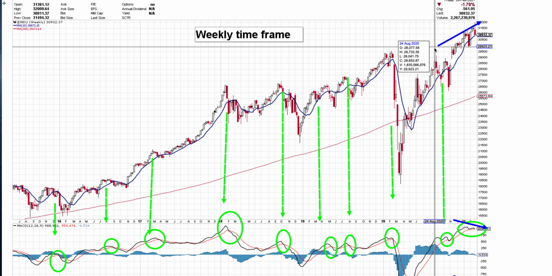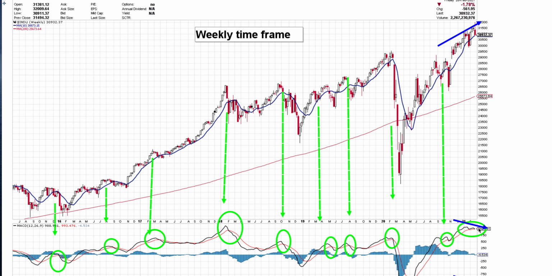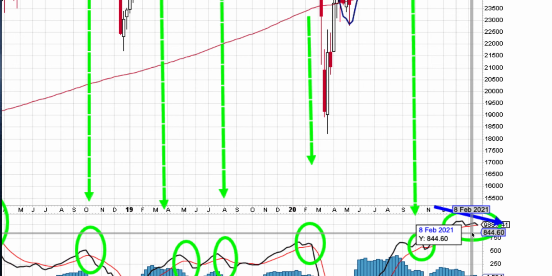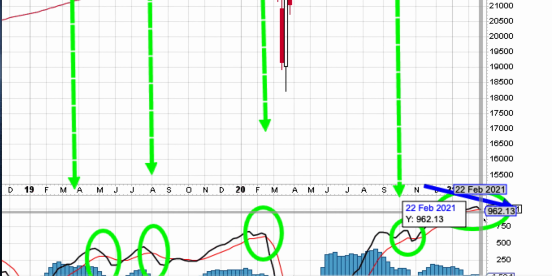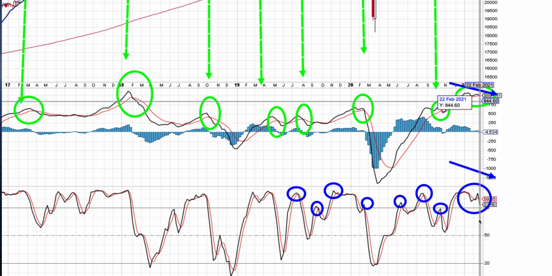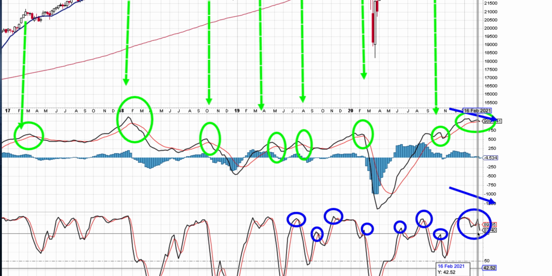So, bearish divergence. Even the weekly time frame is more reliable. Bearish crossover in the MACD with the stochastic.